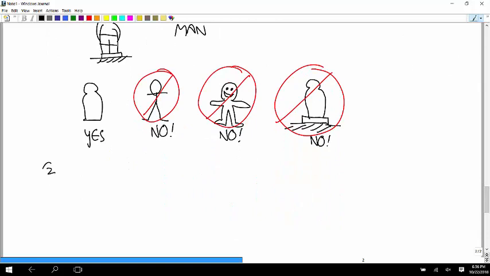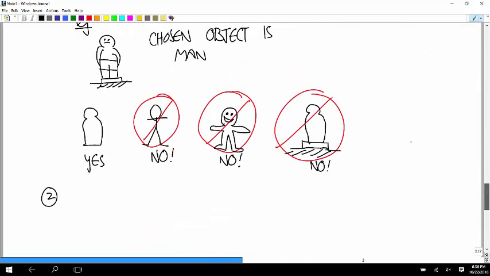Second, step 2, draw a downward arrow from the middle of the chosen object.